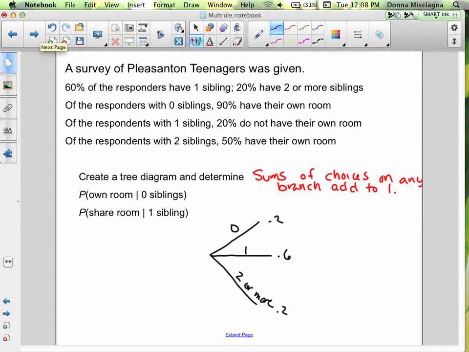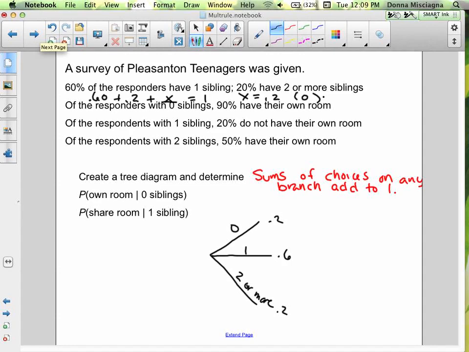So 0.6 plus 0.2 plus something has to add to 1. We'll put a little x for what's missing, and that x, the 0 siblings, would have to be 0.2.